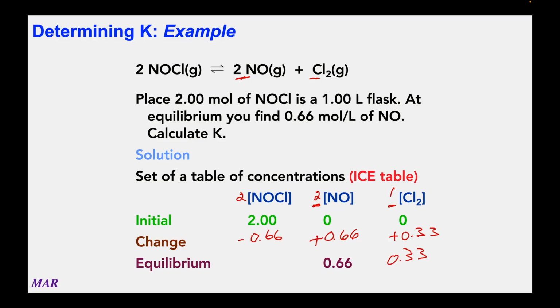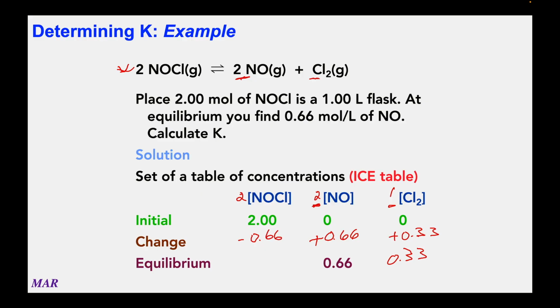I want you to stop just for a second and look at that change line, because there's a 2-to-2-to-1 ratio in it, similar to the 2-to-2-to-1 ratio you see up here in the balanced reaction. So the change line is very susceptible to stoichiometry.